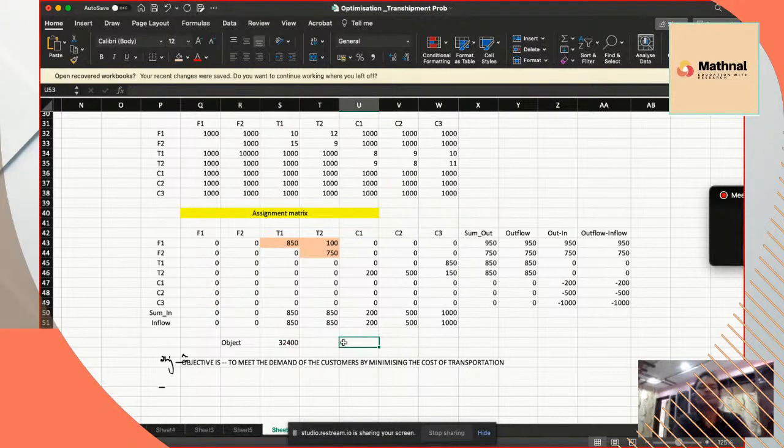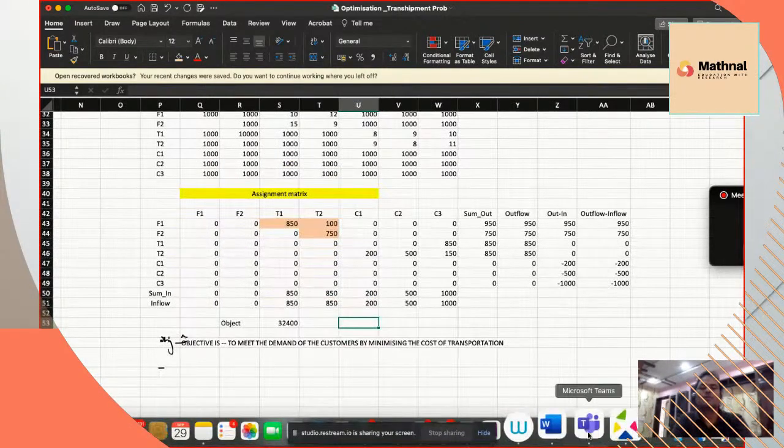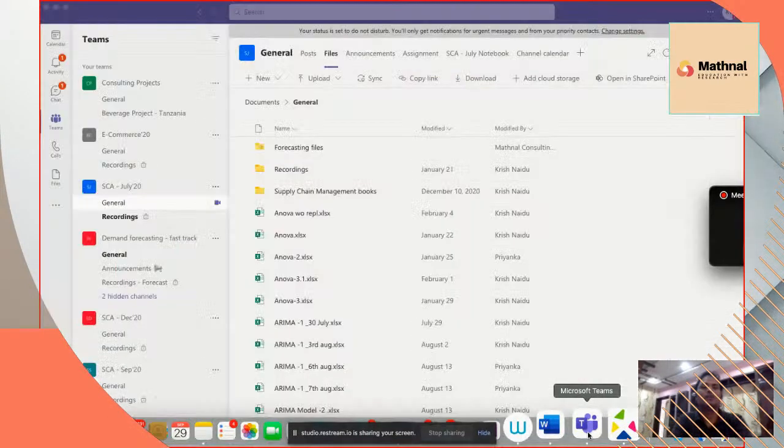Krish, can you upload this sheet on Teams? I just want to go through it. We'll solve one problem after this. Okay, I'll ask you to do that.